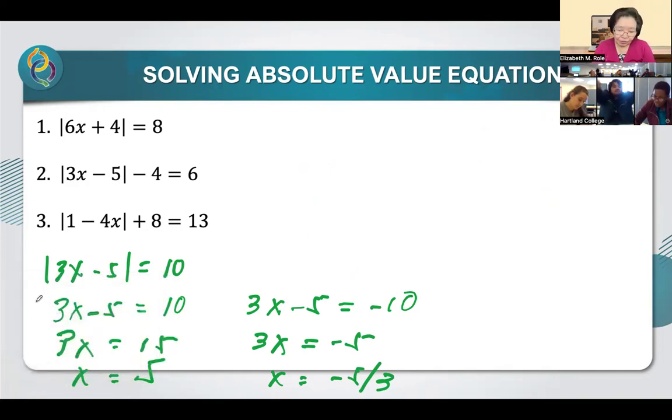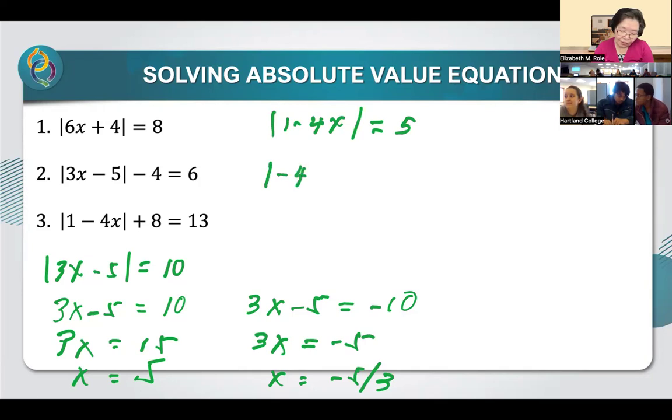Yeah. So just to put it on record, we have the absolute value of 1 minus 4x is equal to positive 5, 13 minus 8. So you have 1 minus 4x is equal to 5. 1 minus 4x is equal to minus 5.